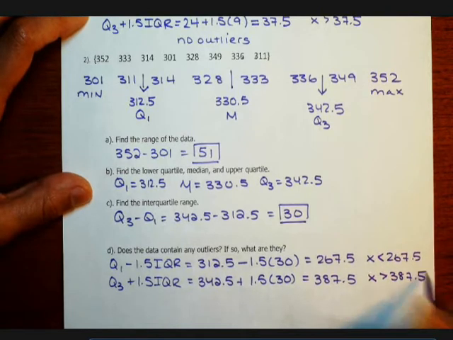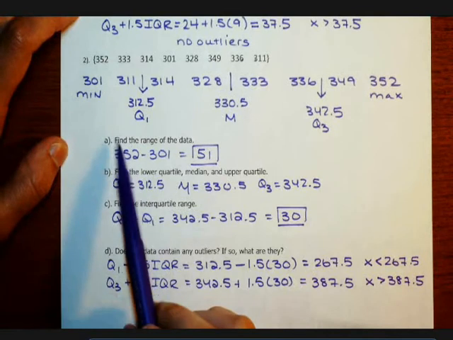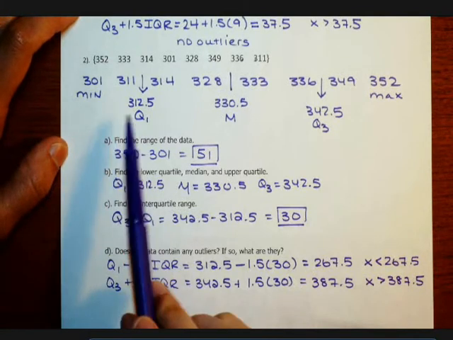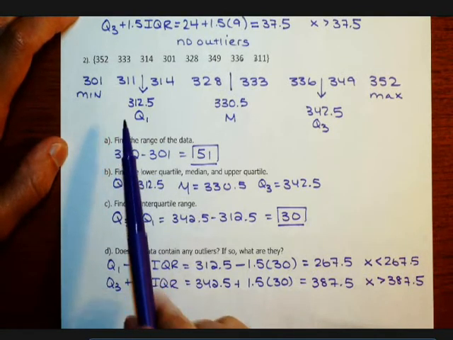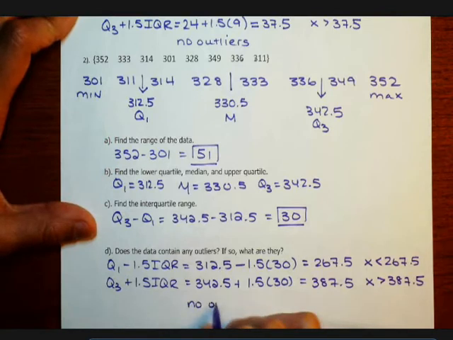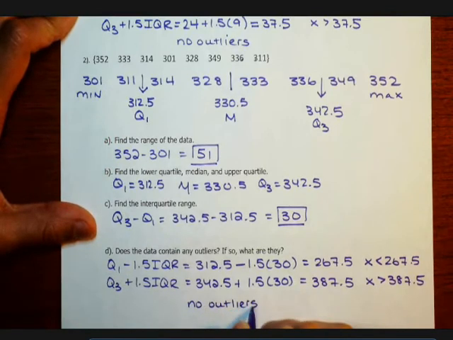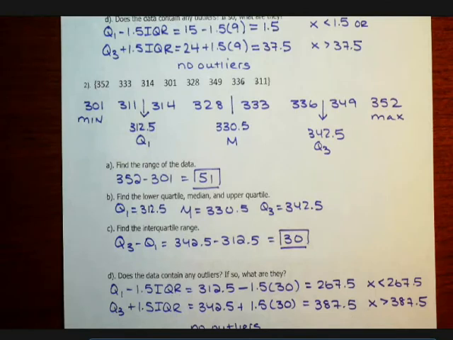As you can see from our list of data, there are no data points in this set that are below 267.5 or bigger than 387.5. Therefore, there are no outliers. We have one more example that I'd like to try on the next page.